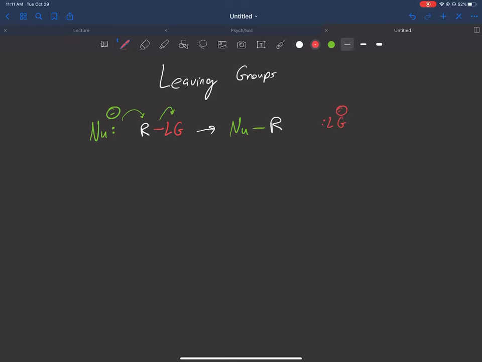So I want you guys to think of this. We have our leaving group attached to our R group, some alkyl group. In the reaction, our leaving group will end up leaving and getting a negative charge, right? Will it be more likely to react if the resulting free leaving group is more stable, or if it becomes unstable in this process?